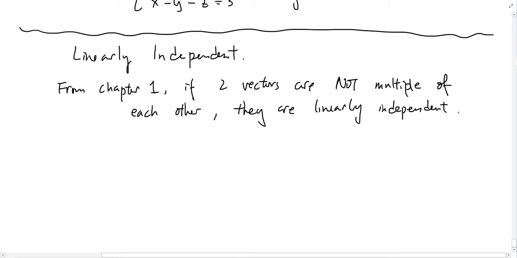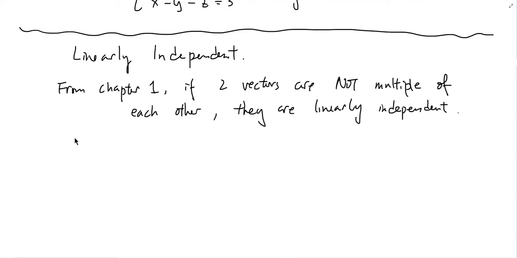Now, what's the important part about linear independence? Linear independence basically allows us to describe a geometrical object more properly. Now, why is that the case? So let me show you an example.